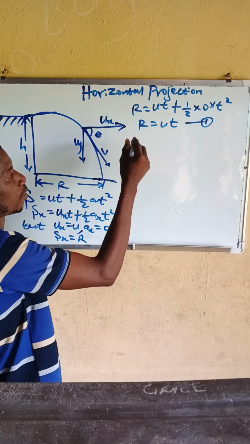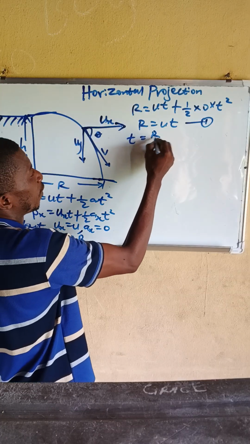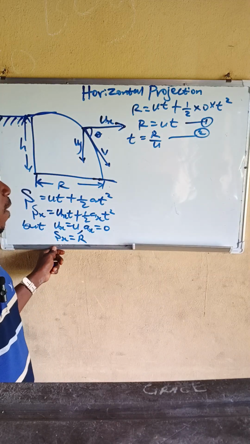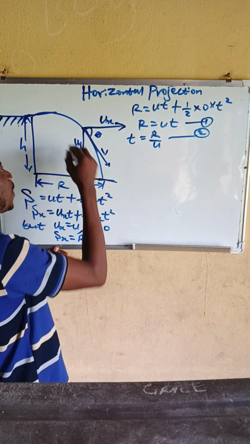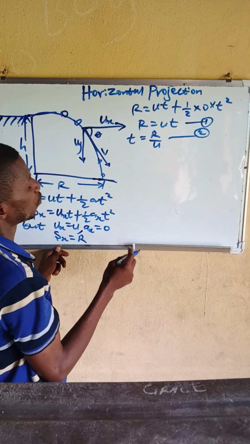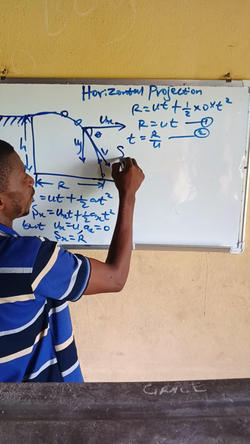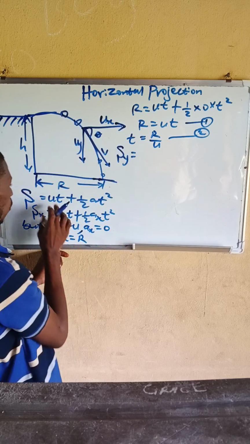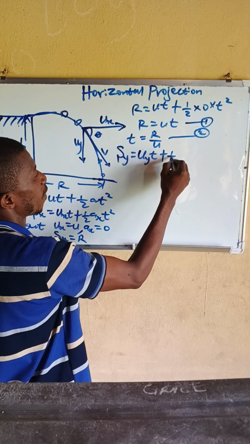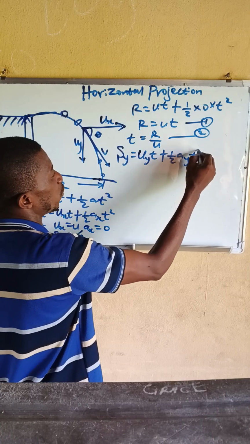If I make t the subject, I will have t equal to r over u. Call this equation 2. This is the time it takes the body to move from here down to this place. Now recall that sy is equal to uyt plus half ayt squared.